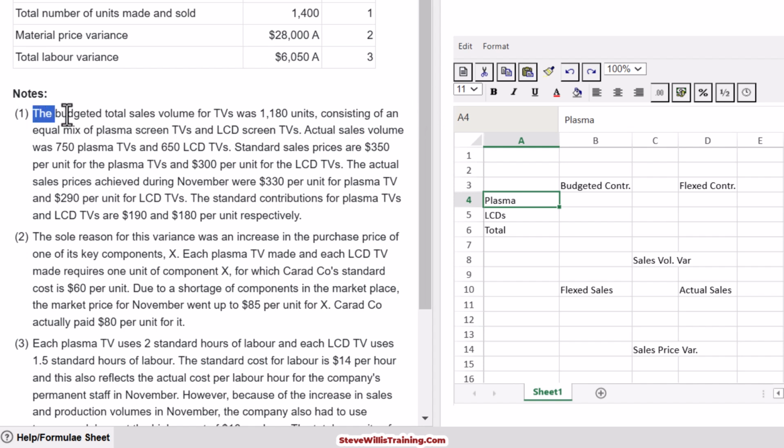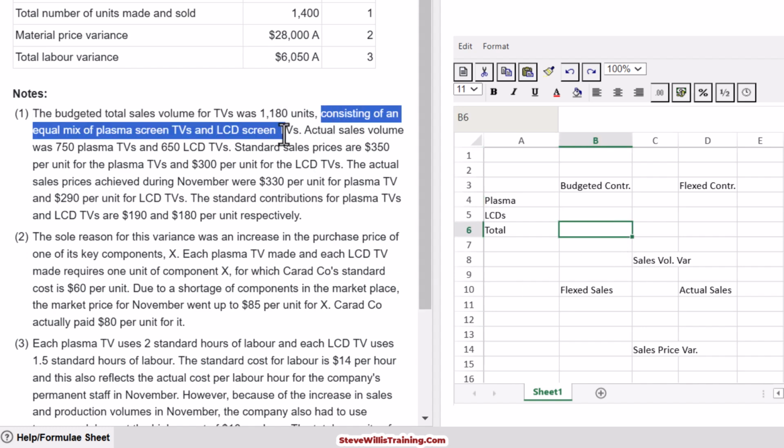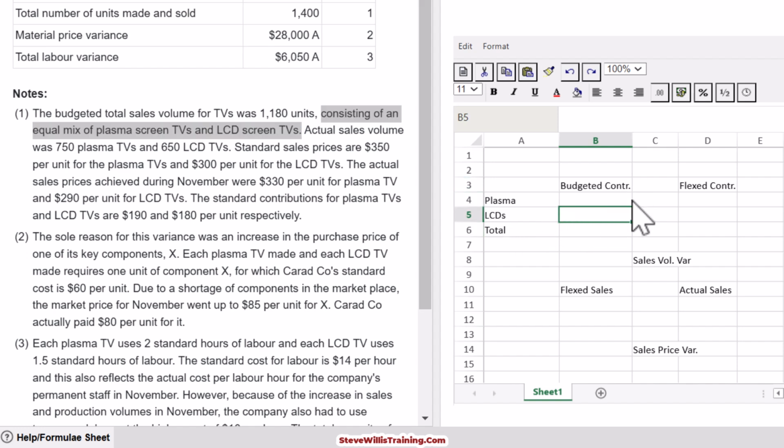And we can learn that right here, right? 1180, consisting of an equal mix of plasma and LCD. So all we got to do is 1180 multiplied by 0.5. That will give me the budgeted units for each item. Now we got to find the standard or budgeted contribution, and we have it right here, 190, 180.